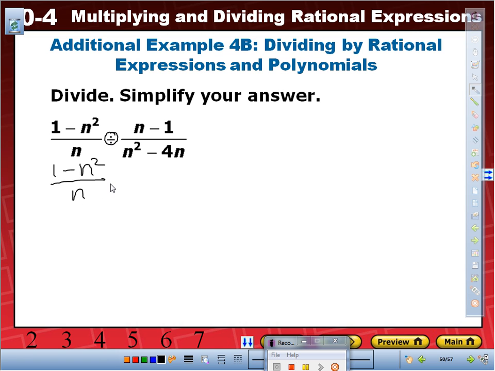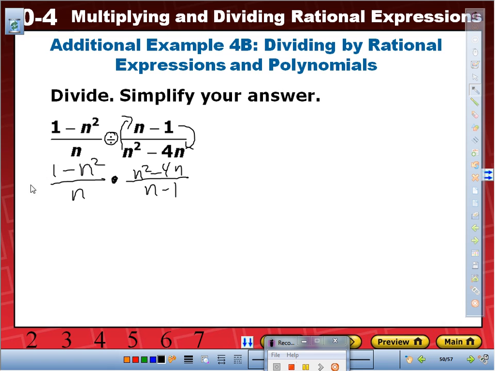However, the division turns into multiplication, and then I'm going to write the reciprocal, which is n squared minus 4n over n minus 1. That's the only different step from division to multiplication. The rest is exactly the same. Do we know what to do with this? Yeah. Okay? So from this point, let's do this one together.